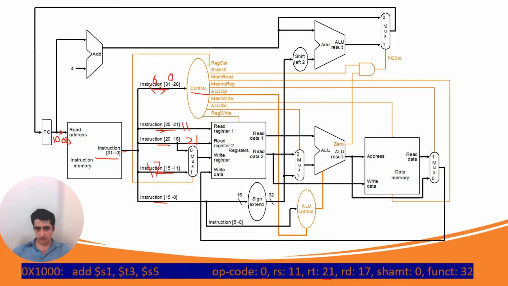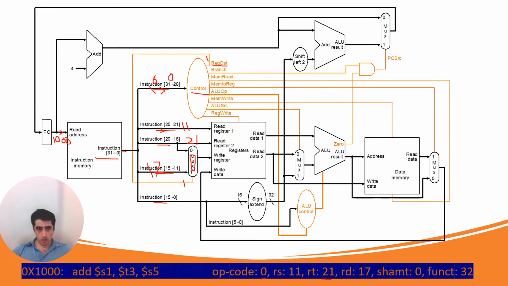As you see, the 17 and 21 are going to be passed to this multiplexer. This multiplexer is responsible to pick one of the two. For R format, always the bottom one will be picked, because the reg destination control signal is going to be set to 1 for all the R format instructions, including the add instruction.